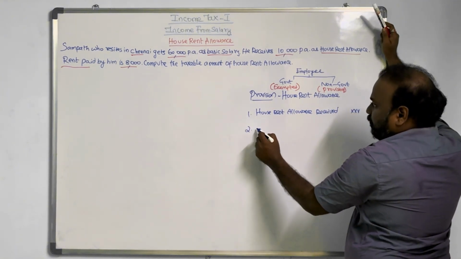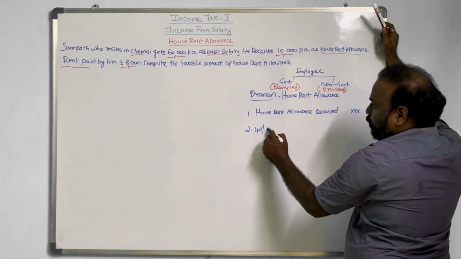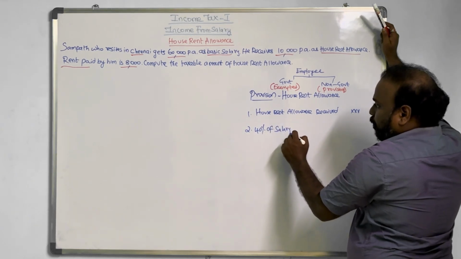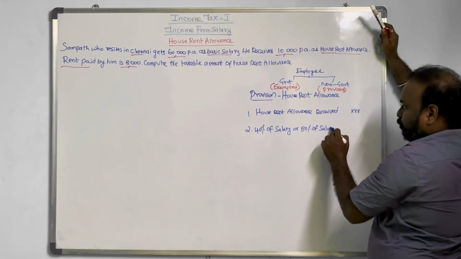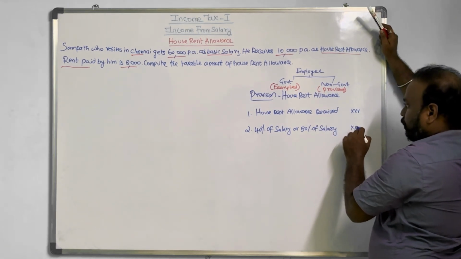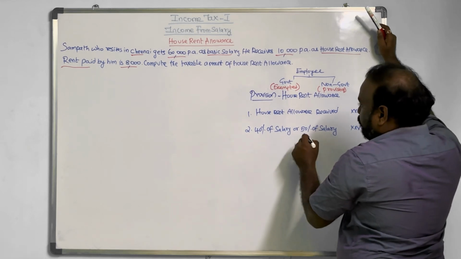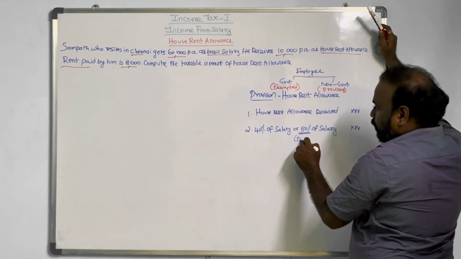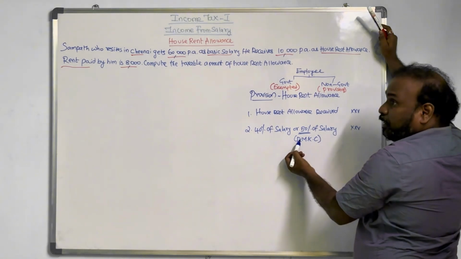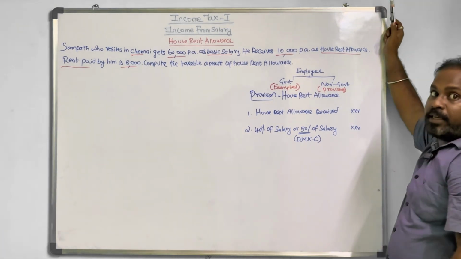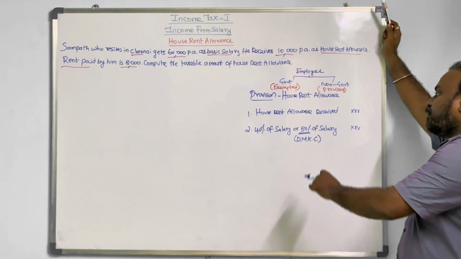The second one is 40% of salary or 50% of salary. 50% applies for DMKC. D refers to Delhi, M refers to Mumbai, K refers to Kolkata, C refers to Chennai.